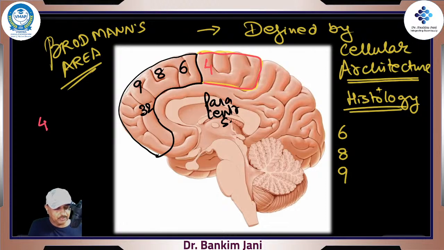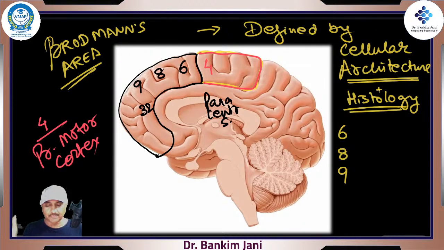So we write here that 4 was primary motor cortex, that's what we studied even in the lateral projection. So for 6, 8 and 9, 6 is premotor. Makes sense?